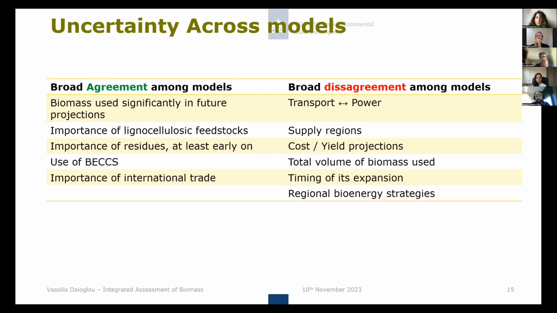They disagree on timing: if biomass is used in the short term in order to help reduce emissions, or if it's used in the long term in order to provide CDR to overcome residual CO2 emissions. And they also disagree on how different regions use it, so the regional bioenergy strategies. So huge areas of disagreement that do not allow us to give very clear advice on the role of bioenergy in mitigation scenarios.